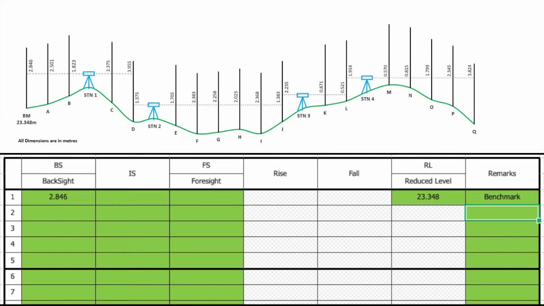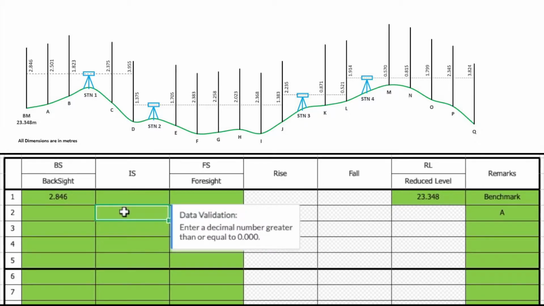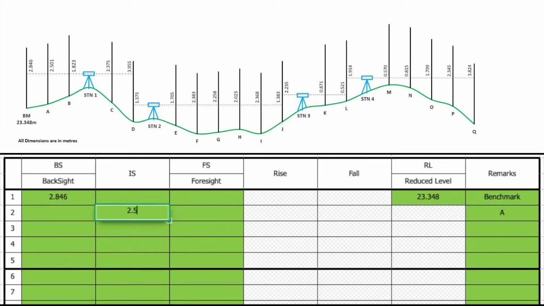Next, we can enter in the next reading, which relates to point A. It is an intermediate reading, and we enter it in on the second row under IS, 2.501.